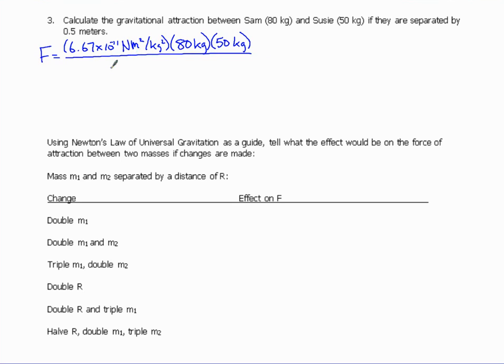And they are separated by a distance of 0.5 meters. And remember, we have to square the distance. Once you put this in the calculator, you should get a number of 1.07 times 10 to the negative 6th newtons. This is the gravitational force between Sam and Susie, separated by a distance of 1/2 meter.